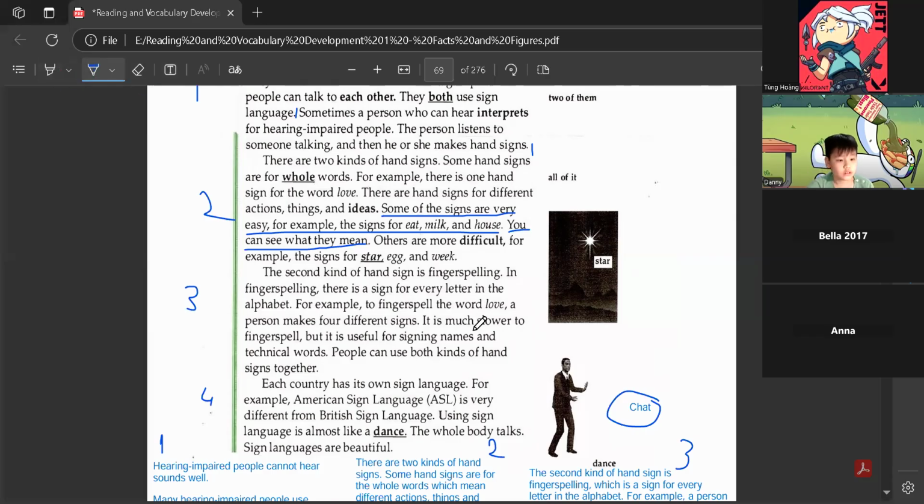Okay, so you know there are two types of hand signs. One is finger spelling and one is the whole word. So when do we use finger spelling instead of the whole word? Why do we use finger spelling although it's so slow? Why don't we just use the whole word for everything?